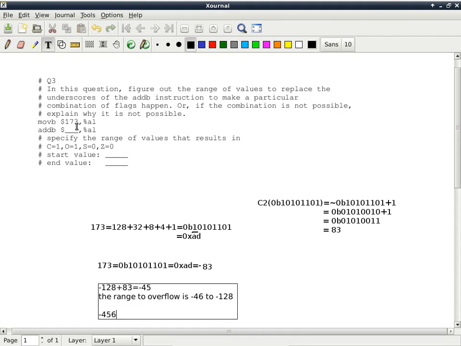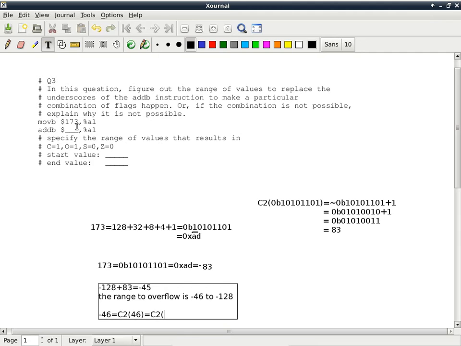Negative 46 is the 2's complement of the binary representation of 46, right? Because I'm claiming 2's complement is doing exactly what negation is doing. So if I use negation here, I can replace the negation with a 2's complement operator, and it will still end up with the same result.